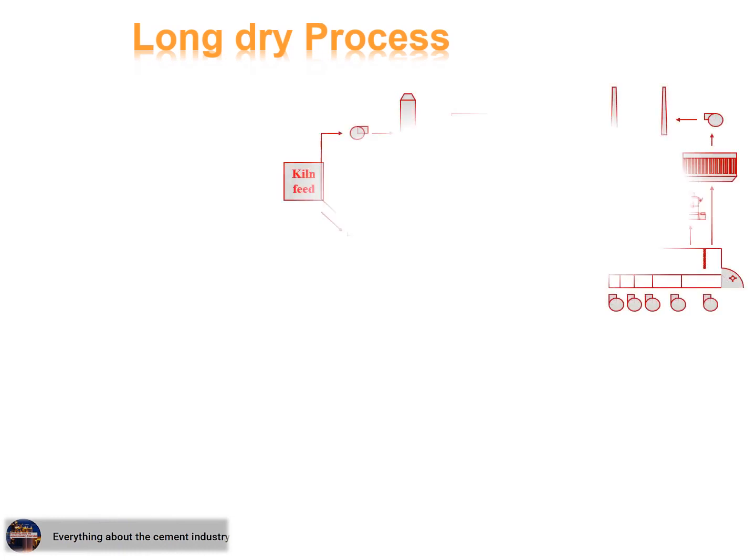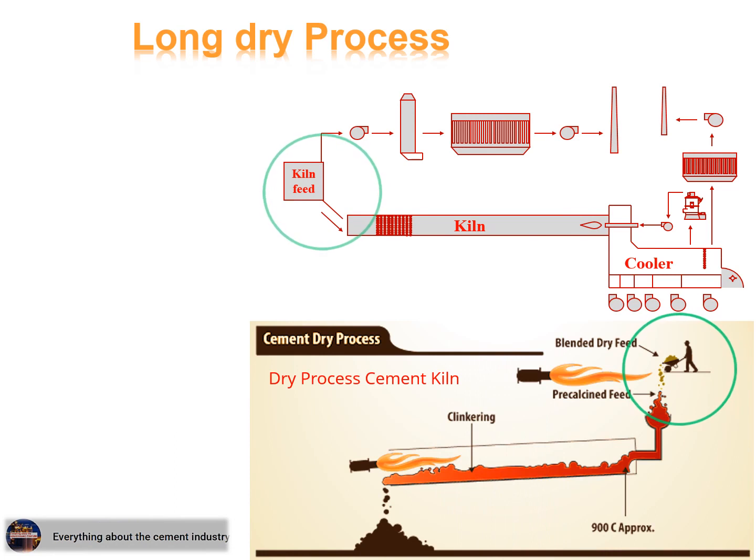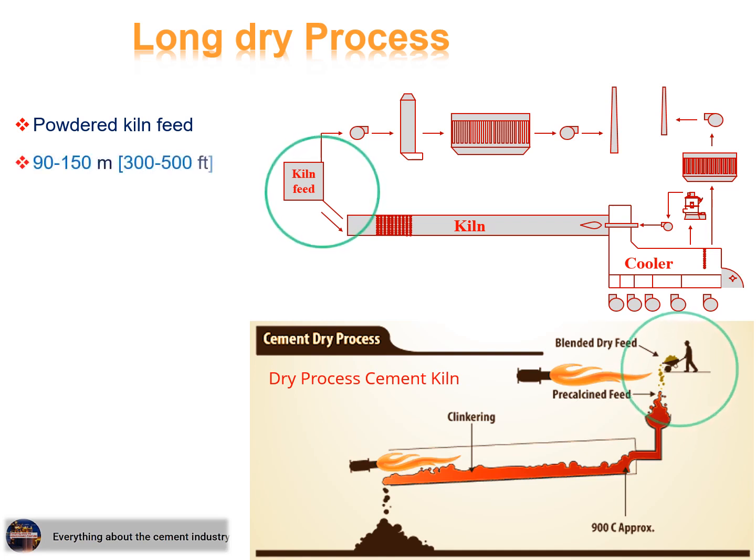2. Long dry process. One of the most important characteristics of this method is powdered kiln feed. The length of the rotary kiln is shorter than the wet process: 90 to 150 meters. Variable feed quality.